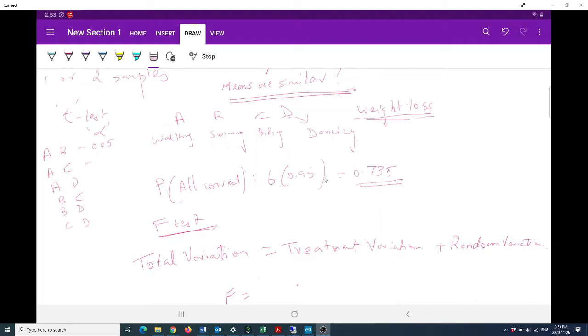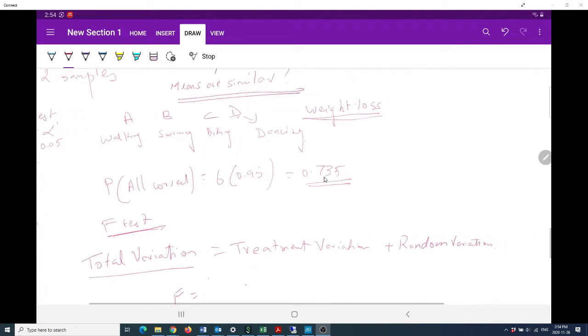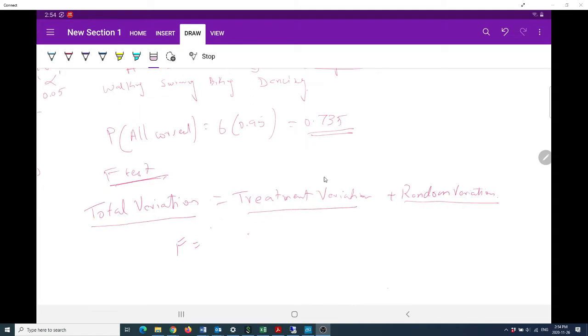The way this works for hypothesis testing with the F distribution is based on the idea that the total variation in the sample is equal to the treatment variation plus some sort of random variation. We will get to this part a little later.